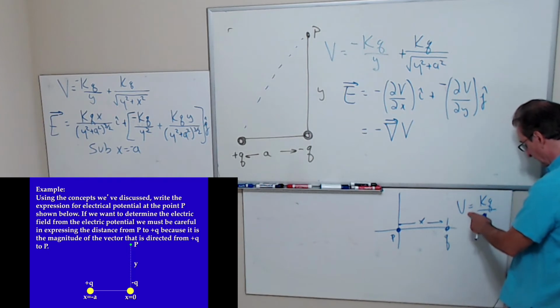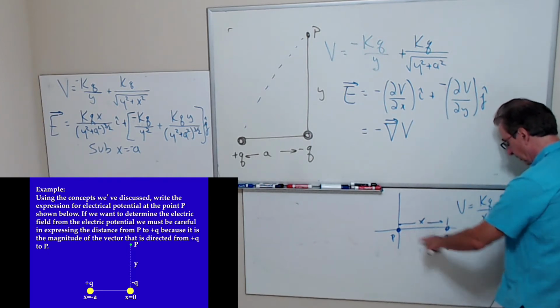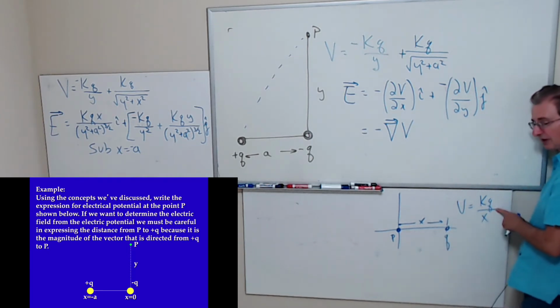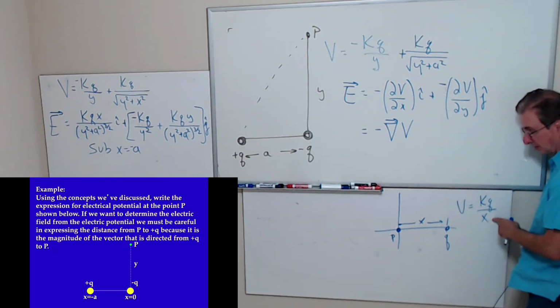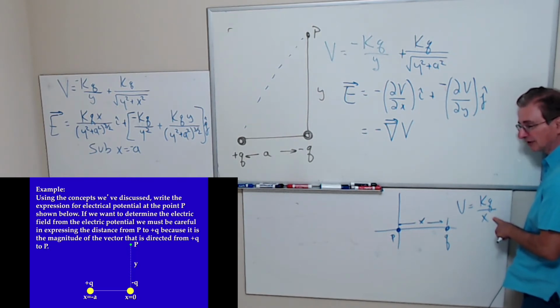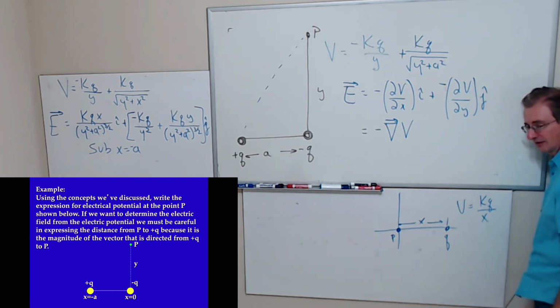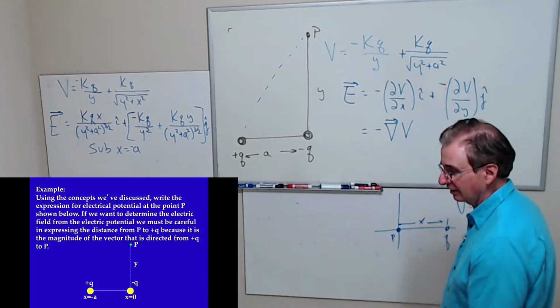Calculate, it's obvious, V is kq over x, at point P. Take the derivative of this, or the gradient of it, it's only one dimensional, and see if the expression you get for the electric field makes sense. That's a fun one for you to try.